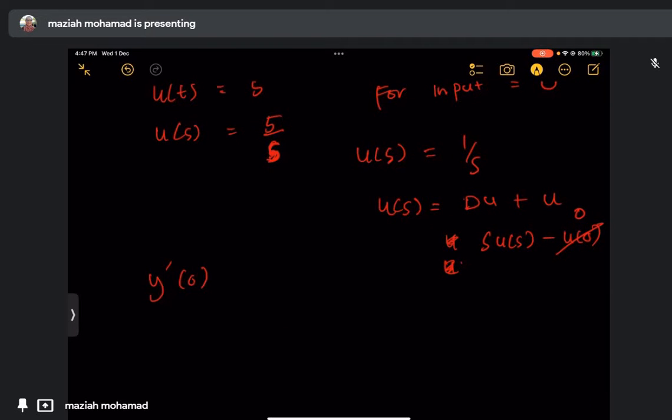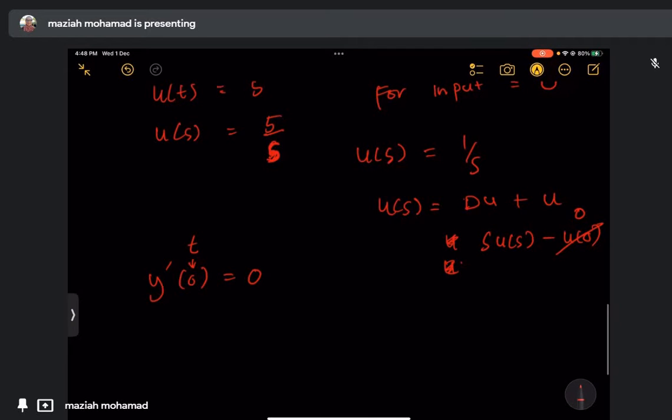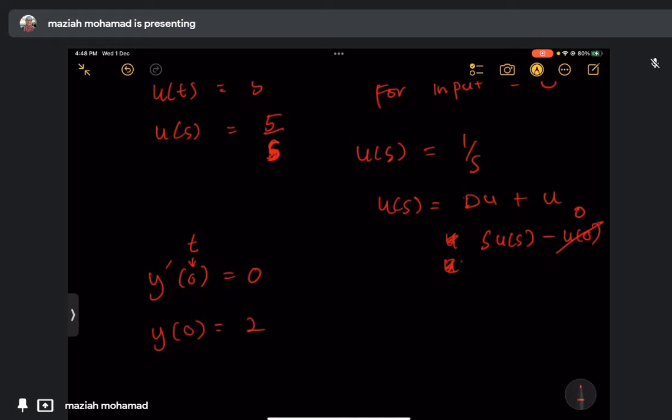So the 0 in the bracket means time t equal to 0, so it is the initial condition. Or maybe they give you y(0) equal to 2, meaning the initial condition has a value equal to 2. It's not starting from 0 but instead from 2.